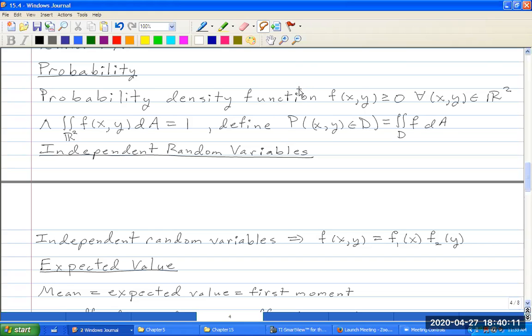We define the probability as follows. The probability that a point is in lamina D is just the double integral over D of f, where f is your probability density function.